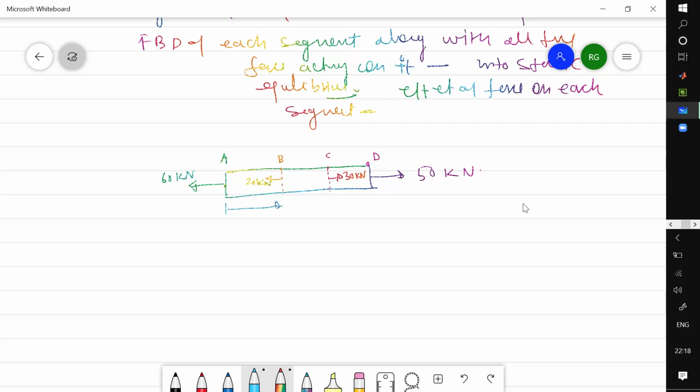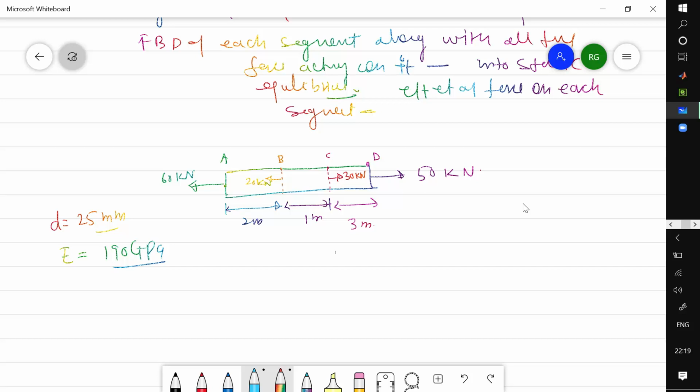This length is 2 meter, this is 1 meter, and CD is 3 meter, and the diameter of this bar is 25 mm, and we are given Young's modulus as 190 GPa.